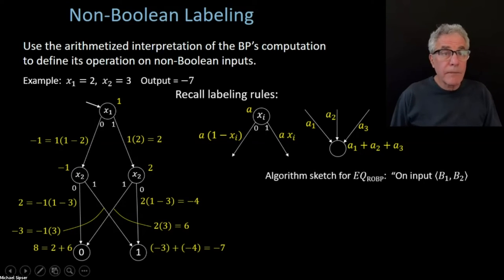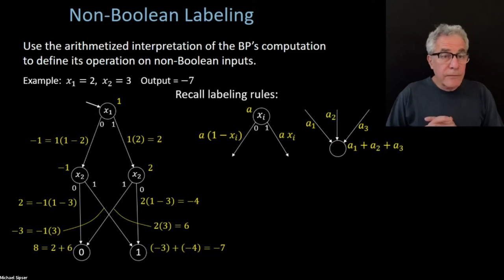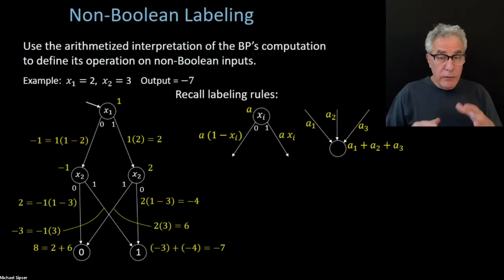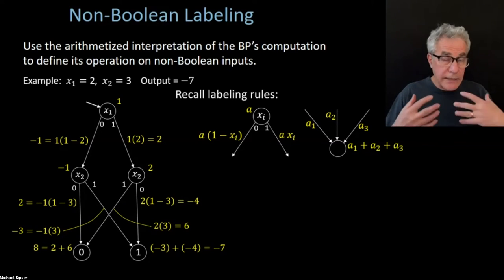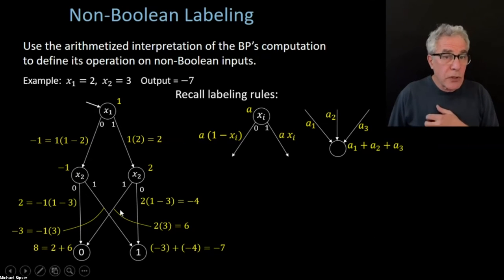Okay. So this is going to be our way of defining the output of a branching program when it has a non-Boolean setting on its inputs. If you had the Boolean setting on its inputs and you followed this procedure, what would you get out?